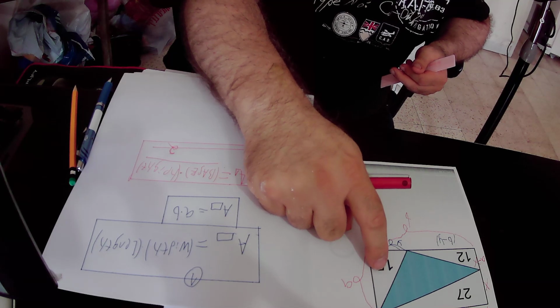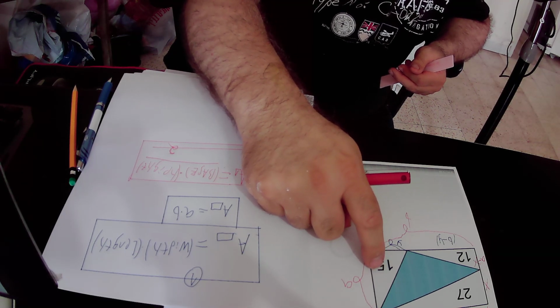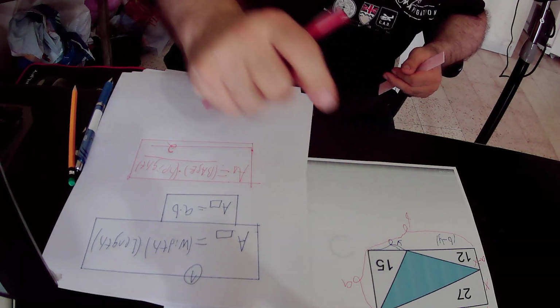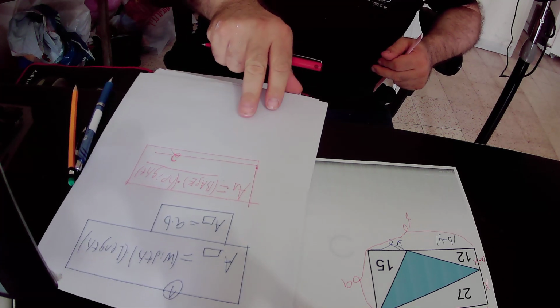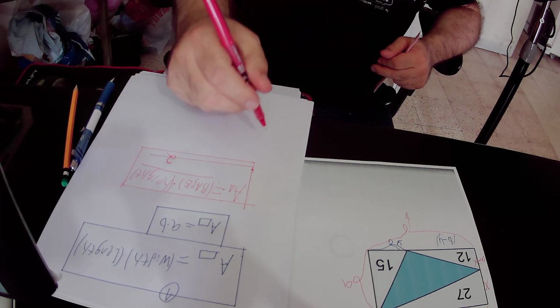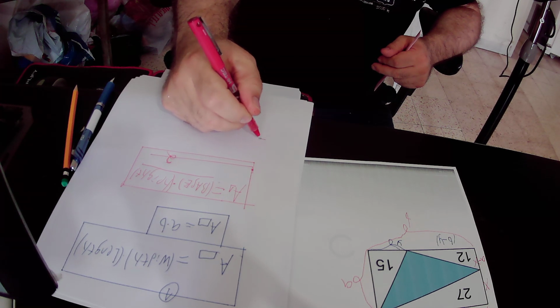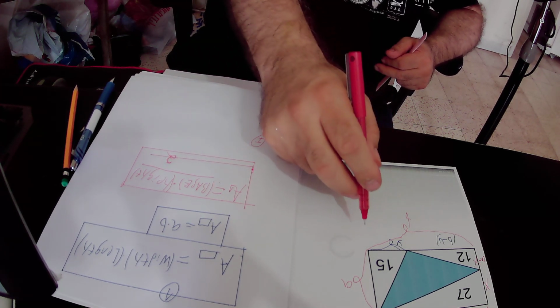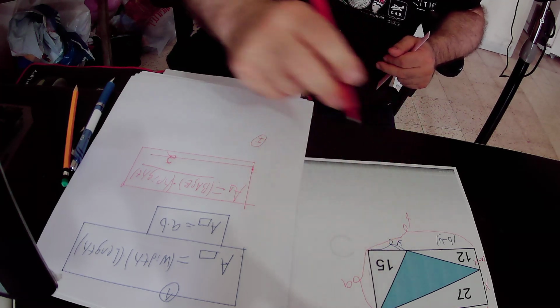Actually, the formula for the area of this triangle, whose area is 15 units. As I have already showed you, the area of a triangle equals the base times the height divided by 2.